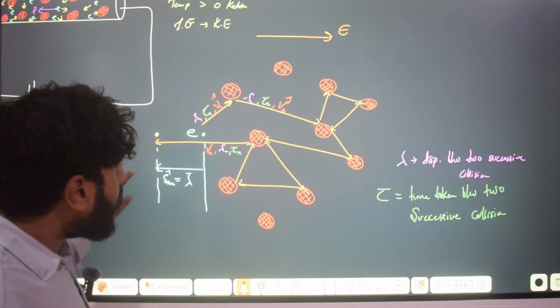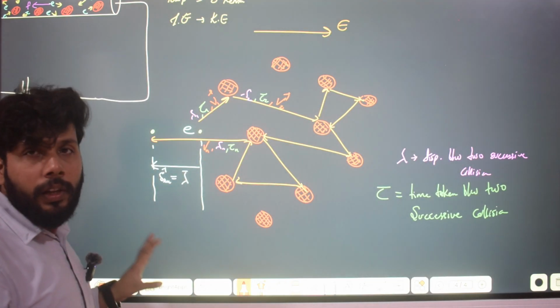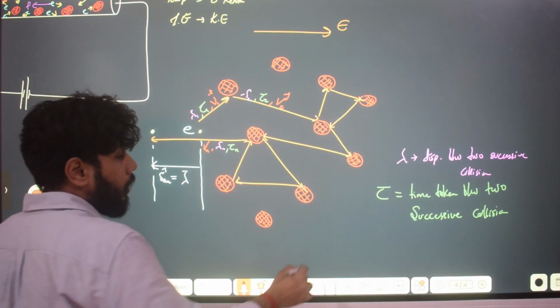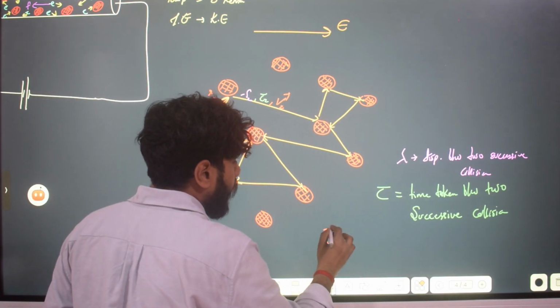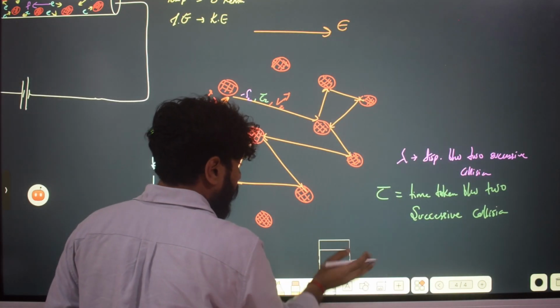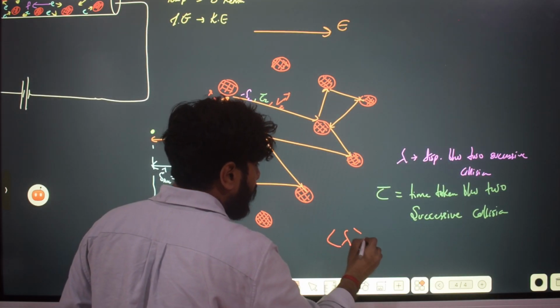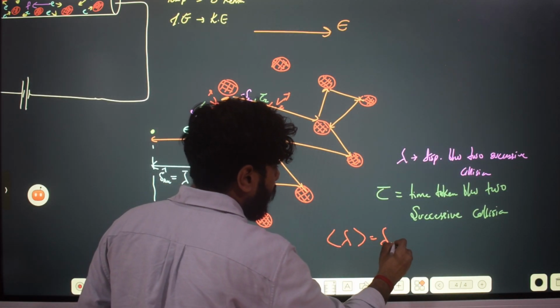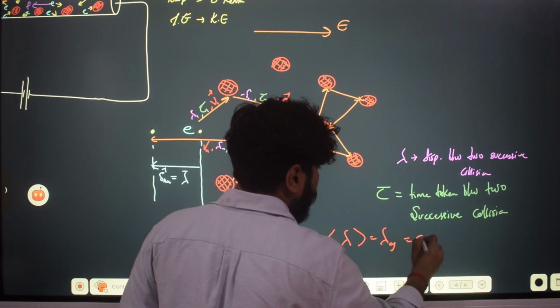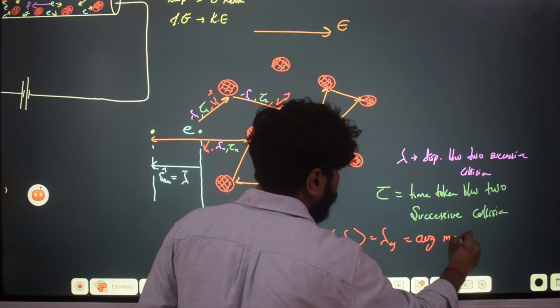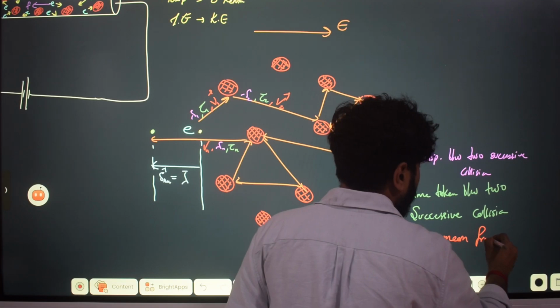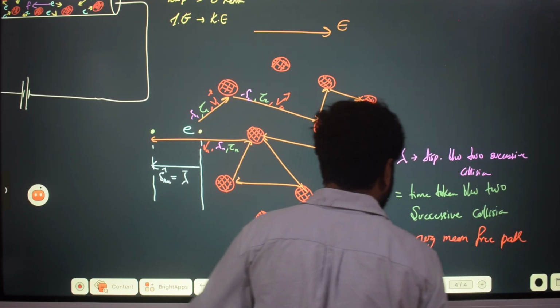So if you see, the net displacement will be our lambda net, or it will also be known as your average mean free path. How do we calculate this?